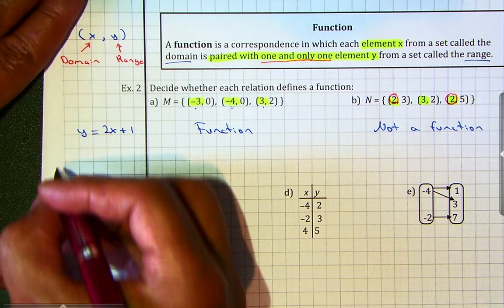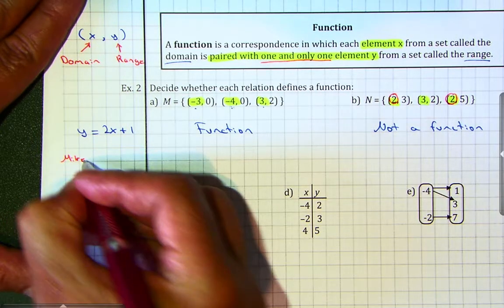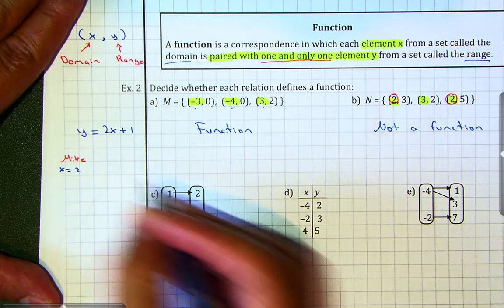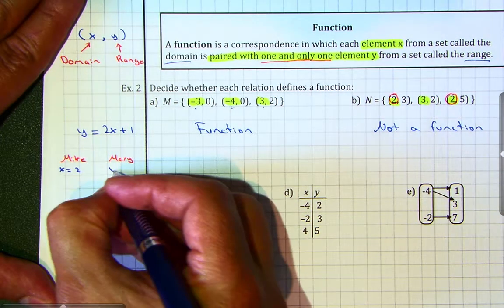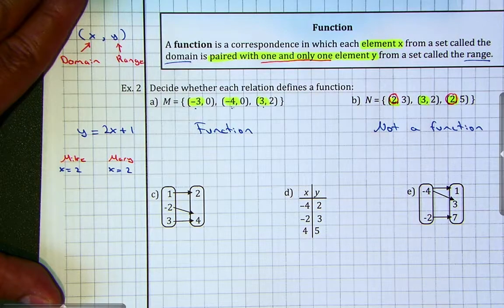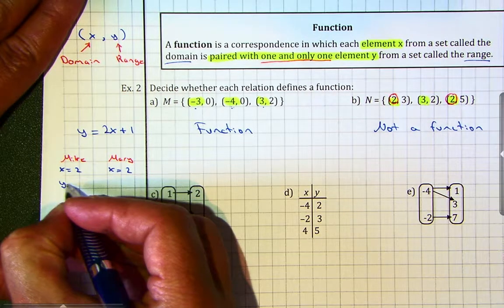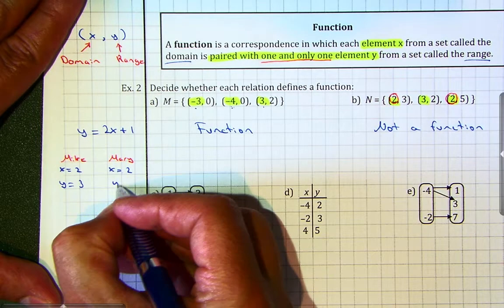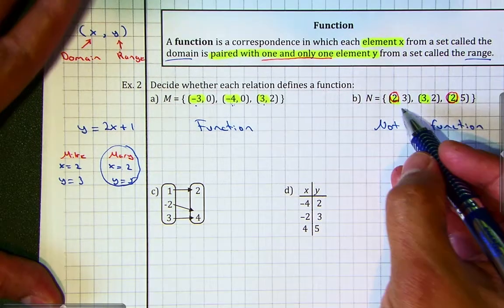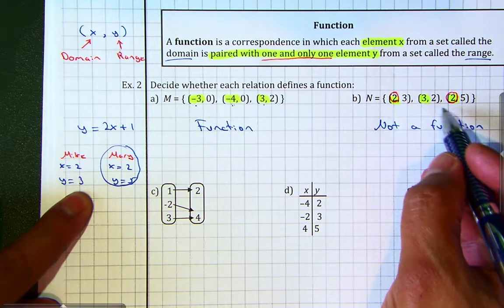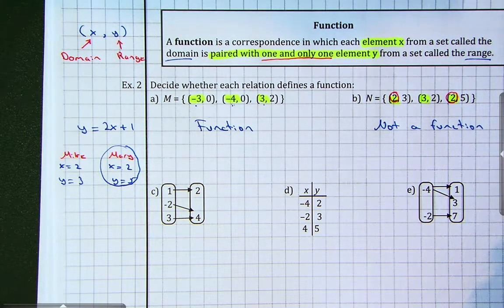So if Mike plugs in a 2, and Mary plugs in a 2, then who is correct? Well, let's both plug in a 2. Mike gets a 3, and Mary gets a 5. Can they both be correct? No. In this case, who's correct? Mary. So therefore, you cannot plug in a 2, get a 3, then plug in a 2 and get a different number. So that's the reason that's not a function.